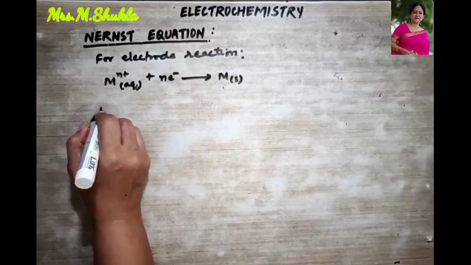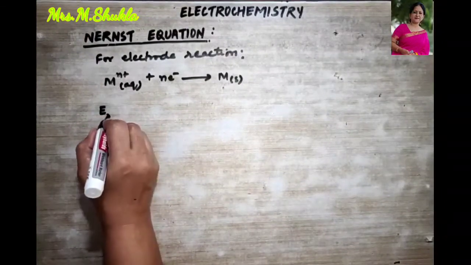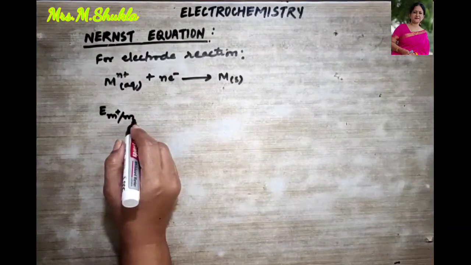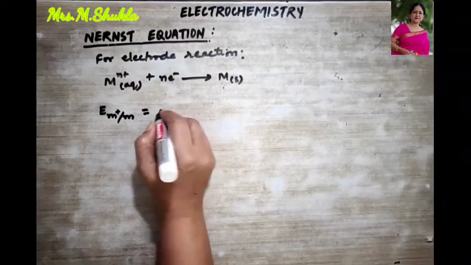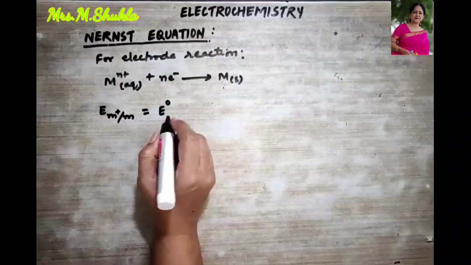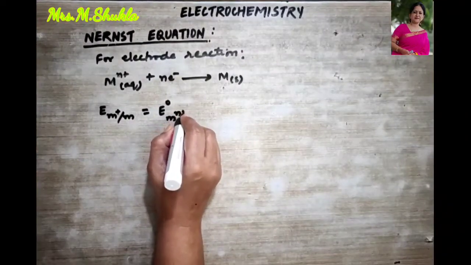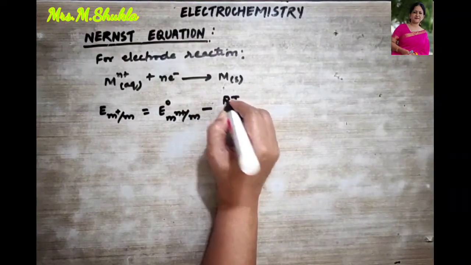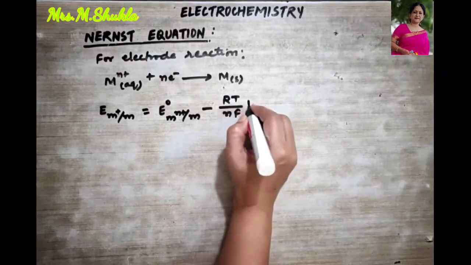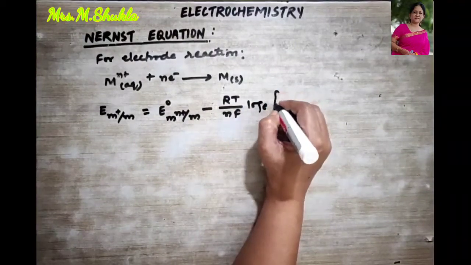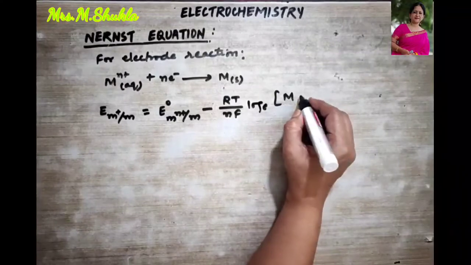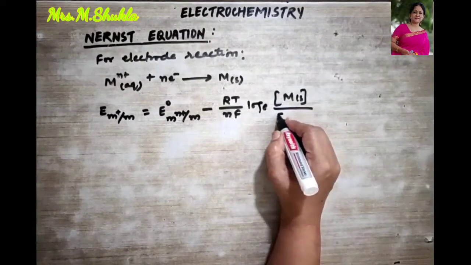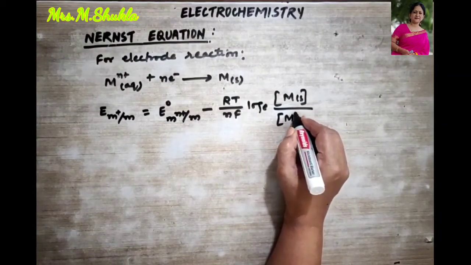Thus the electrode potential of the cation to the metal form will be equal to E naught of the cation to metal form, minus RT upon nF log [metal in its solid state] upon [metal in its ionic state].